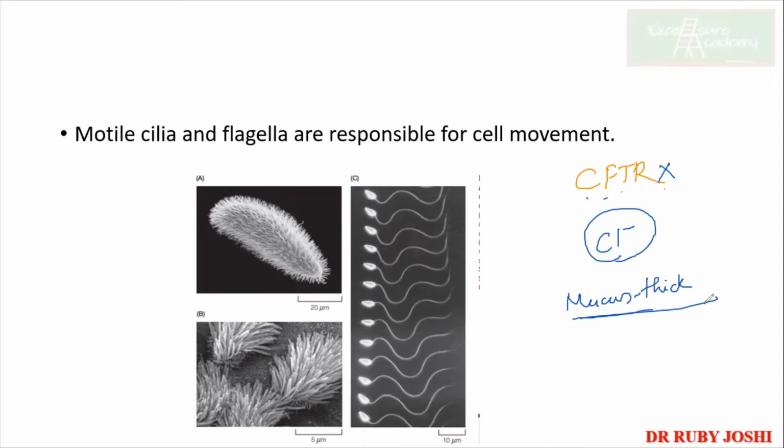So this mucus becoming thick means more mucus is coming and these cilia are not able to push it back, right? Bacteria which are attached to this mucus start growing in it, and you get respiratory infections then. So that results in cystic fibrosis. Okay, good.